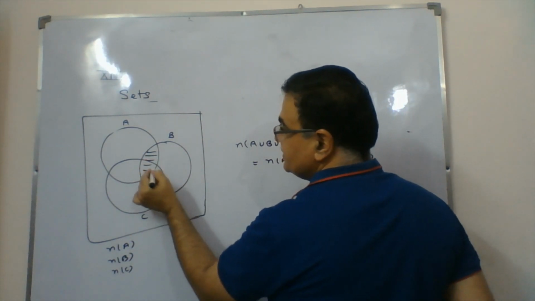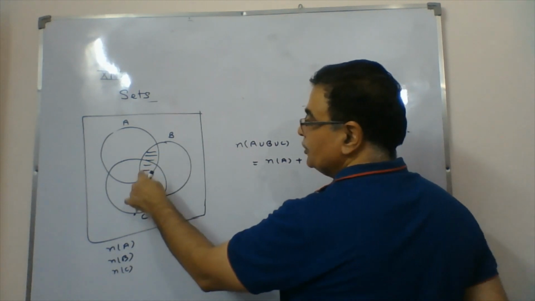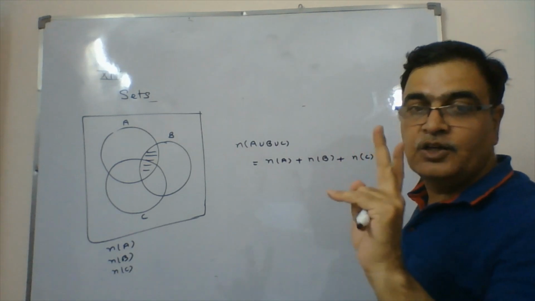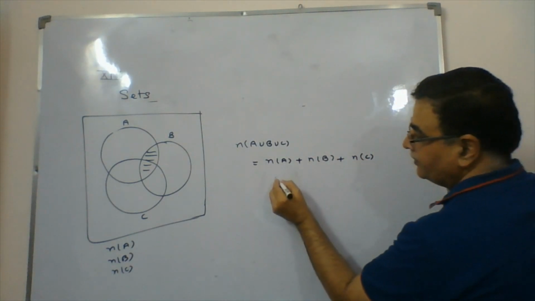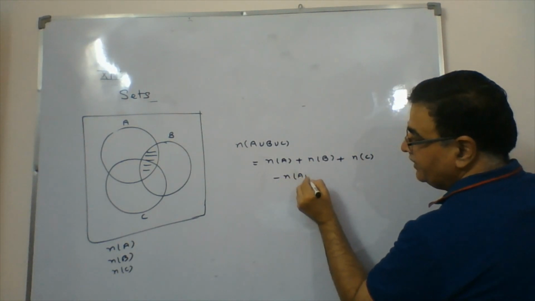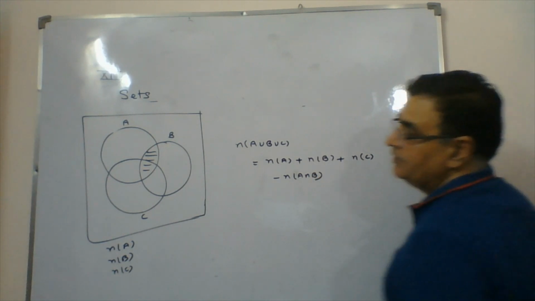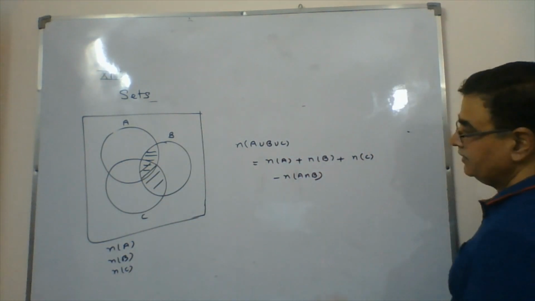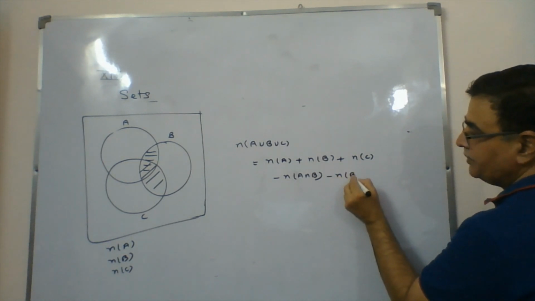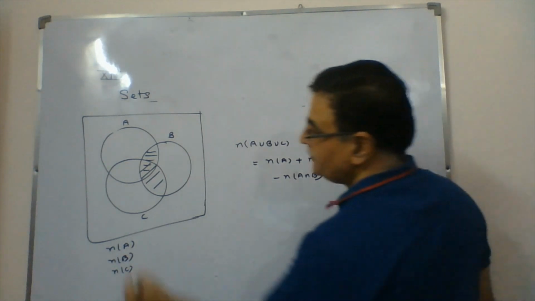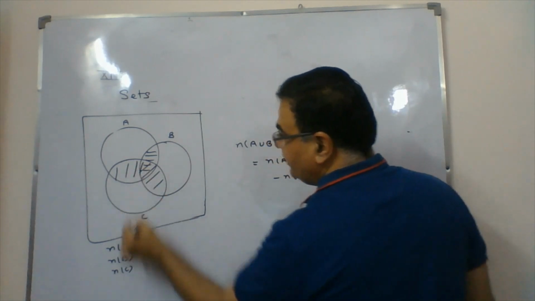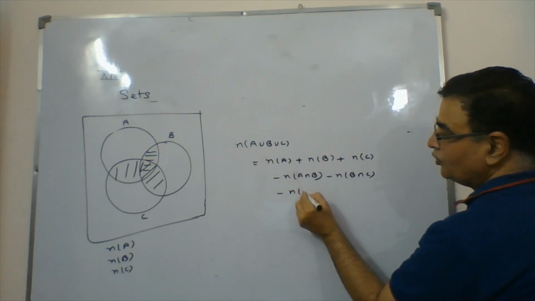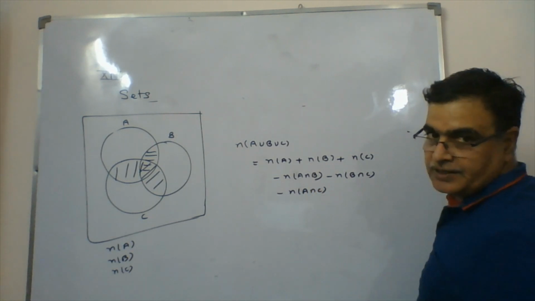If I consider this portion, you have taken it in A also, you have taken it in B also. So that means this is taken twice. One time you should subtract. So minus N(A intersection B). Same way when you go for B and C, you have taken it twice, so it should be subtracted: B intersection C. Same way this portion, it is again to be subtracted because you have taken it twice: N(A intersection C).